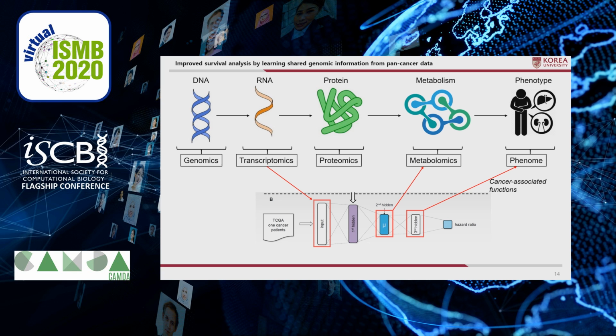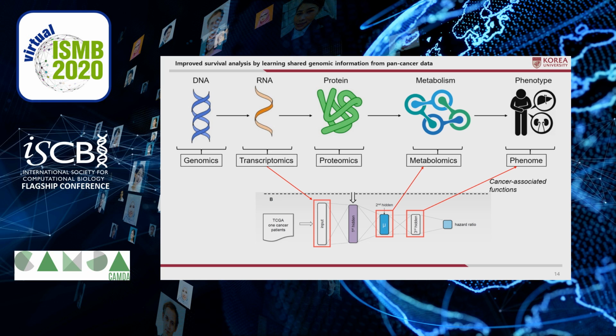Our model predicts survival based on the central dogma of molecular biology, because the model inputs gene expression values, which is transcriptomic information. The first hidden layer captures complex signals from the input gene expression information. And then the second hidden layer captures more complex signals based on the first layer's signals. And we already found the second layer captures metabolomics-related signals.